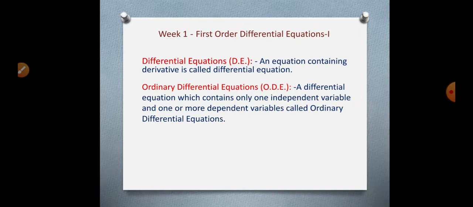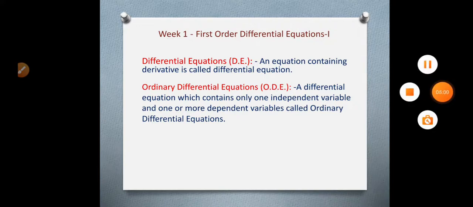Now this differential equation is divided into two parts. The first one is ordinary differential equation, in short we call it ODE, and the second one is partial differential equation, in short we call it PDE. So what does ordinary differential equation mean?